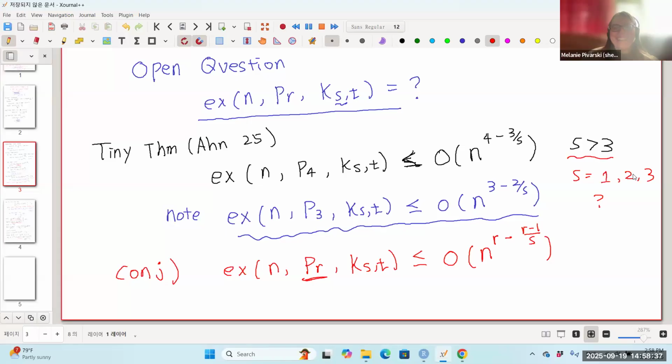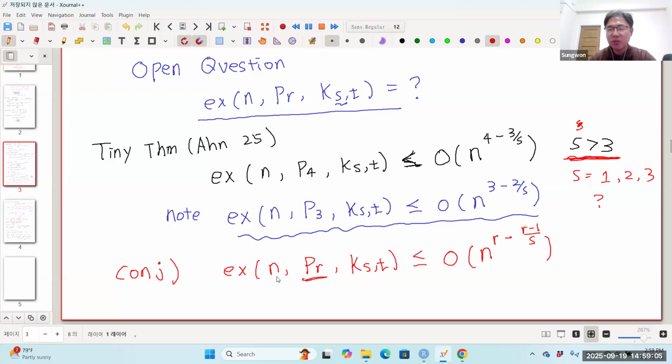Melanie: One nifty thing about the number 3 is that bigger than 3 means 4 or bigger. Is the connection between your proof having s bigger than 3 and P4 a coincidence? Or do you think if you had P6 or P7, you might get a theorem like this, but your s would have to be big too?